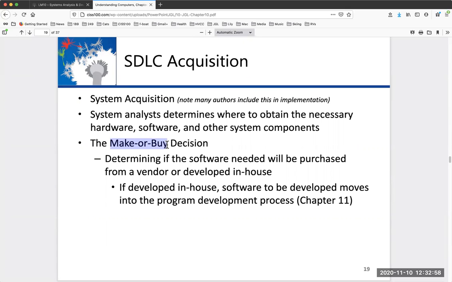And now we're also drawing on our previous coursework in application software. Recall, there are two categories of software, at least, vertical software and horizontal software. Can I purchase something off the shelf that will work? Maybe. Will it be effective? Well, it checks most of the boxes, but maybe it doesn't get us quite to the goals that we want. So these are some of the decisions you're going to have to make.